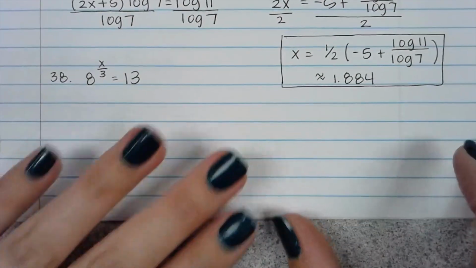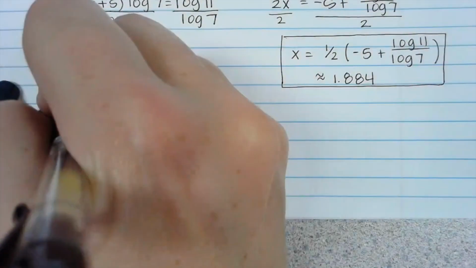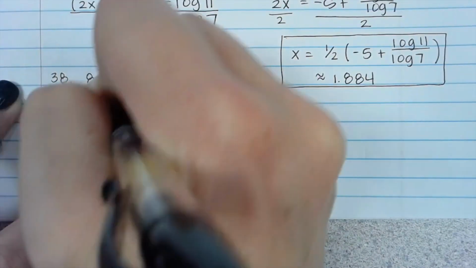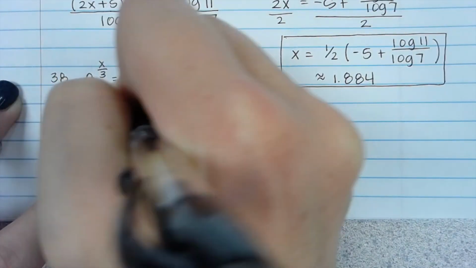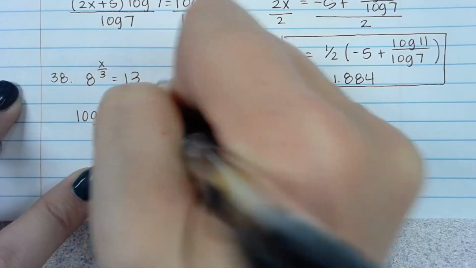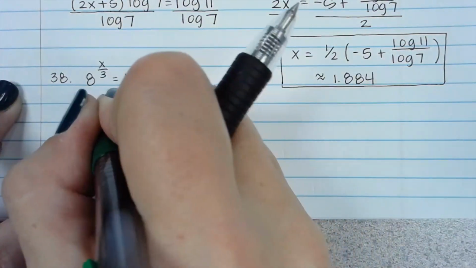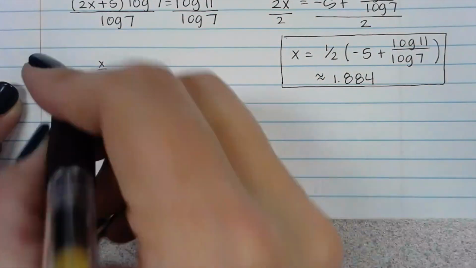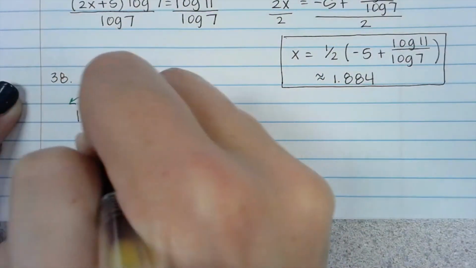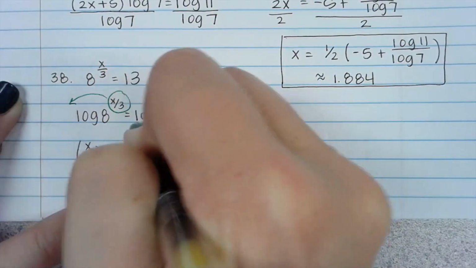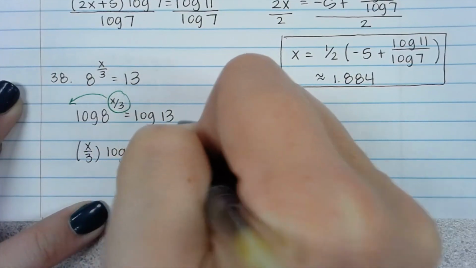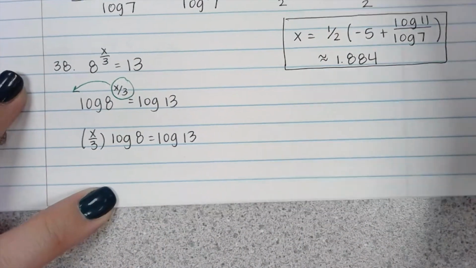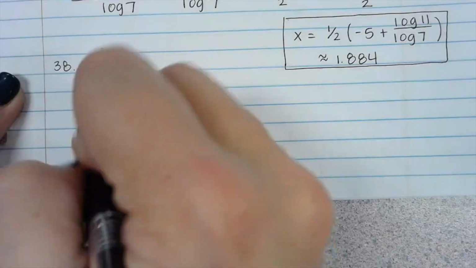And then last but not least, on this one, notice that the 8's already all by itself, which means it's ready for me to log both sides. And then the exponent will flip out front. So as I continue to finish solving this problem, I'll divide both sides by log 8.